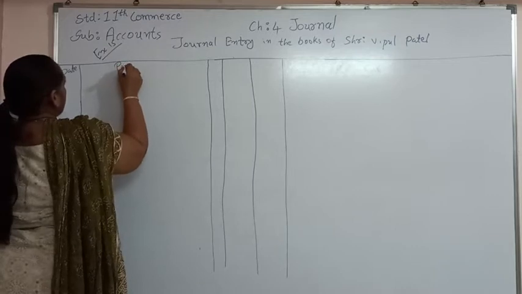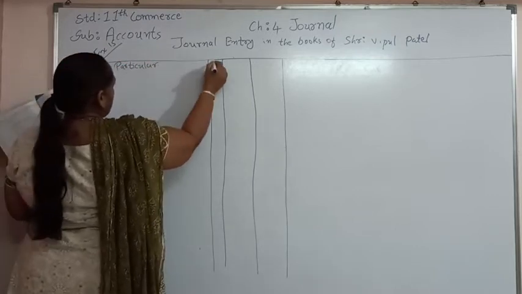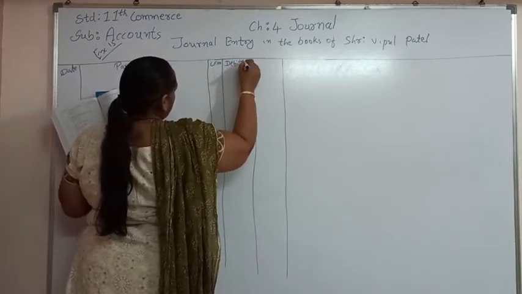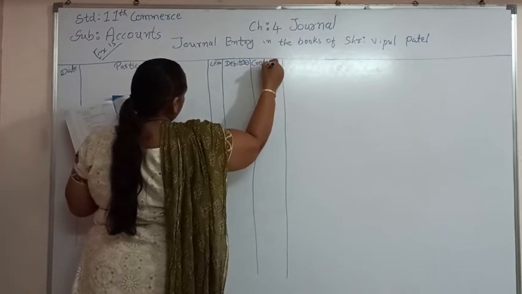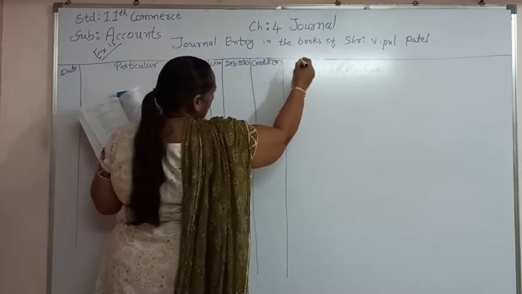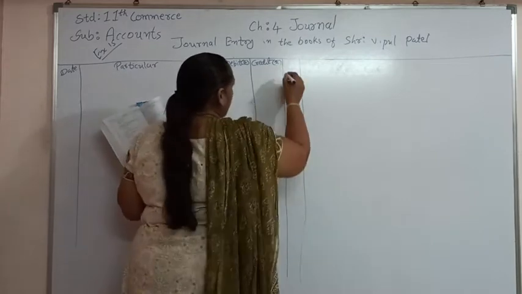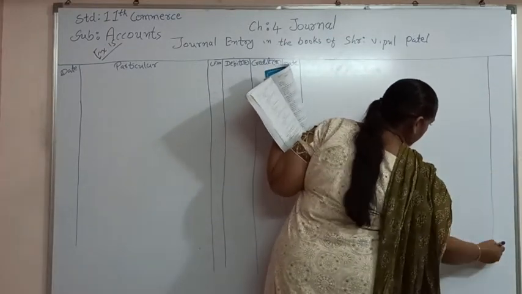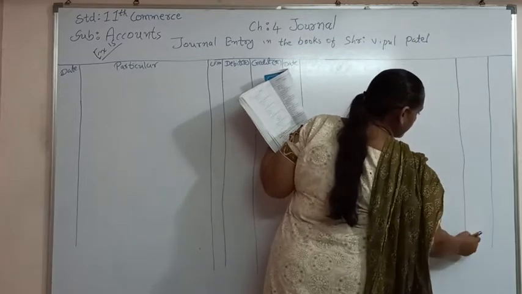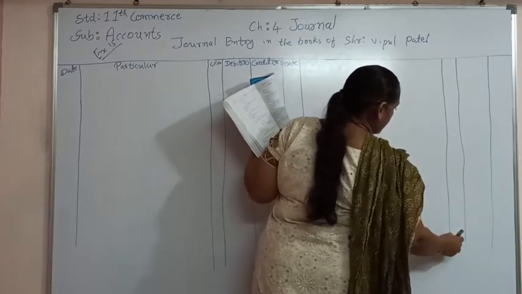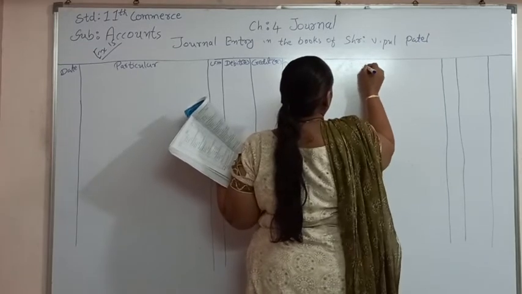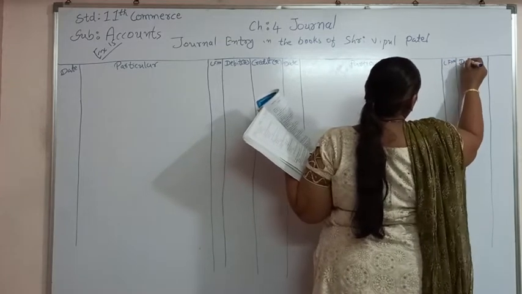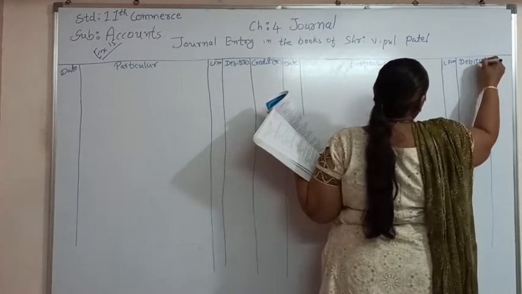Then particulars, ledger folio number, debit amount, credit amount. Again, we are going to prepare date, particulars, ledger folio number, debit amount, credit amount.